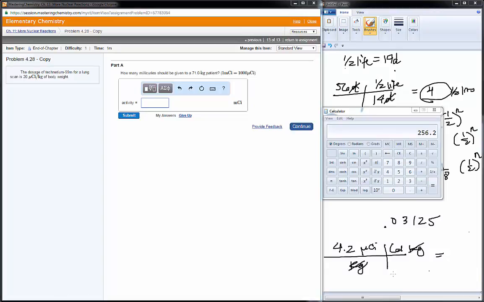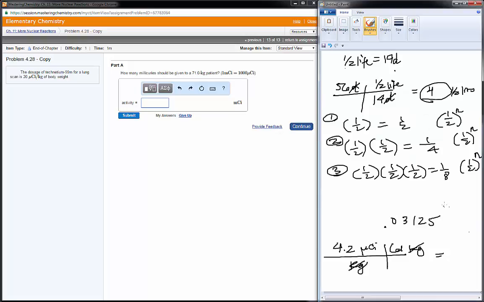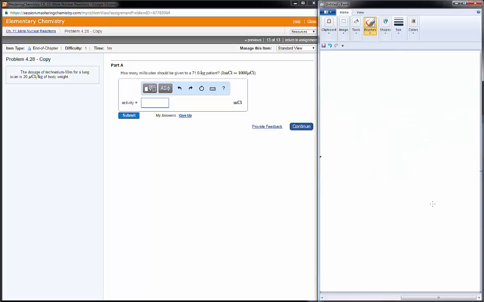So this is just like the problem that we did, except that in this case, now they're asking for millicuries, but they gave us dosage in microcuries, which is fun because they gave us the conversion between millicuries and microcuries. Other than that, it's dimensional analysis. You guys can do that. So we start with a dosage, 20 microcuries per kilogram of body weight. Put that down here. And then we've got a 71 kilogram patient.